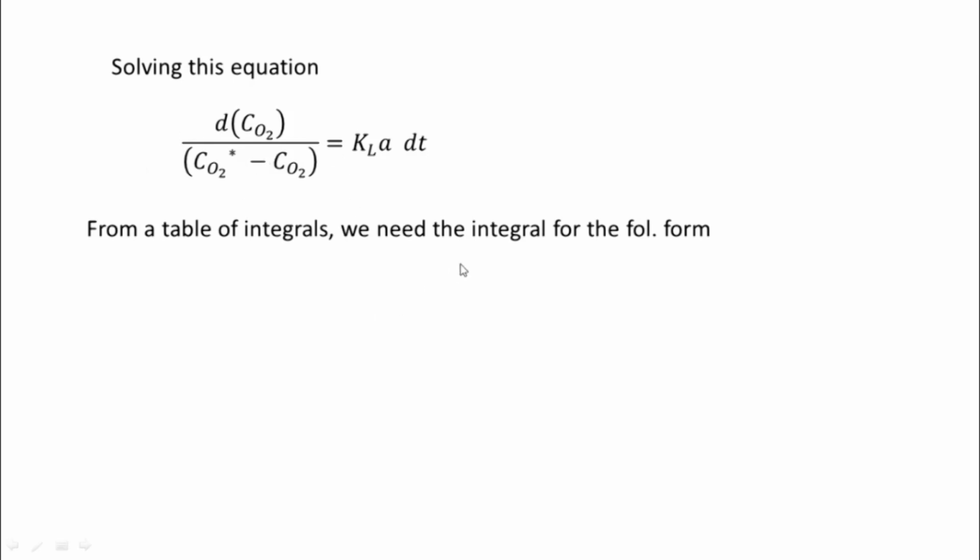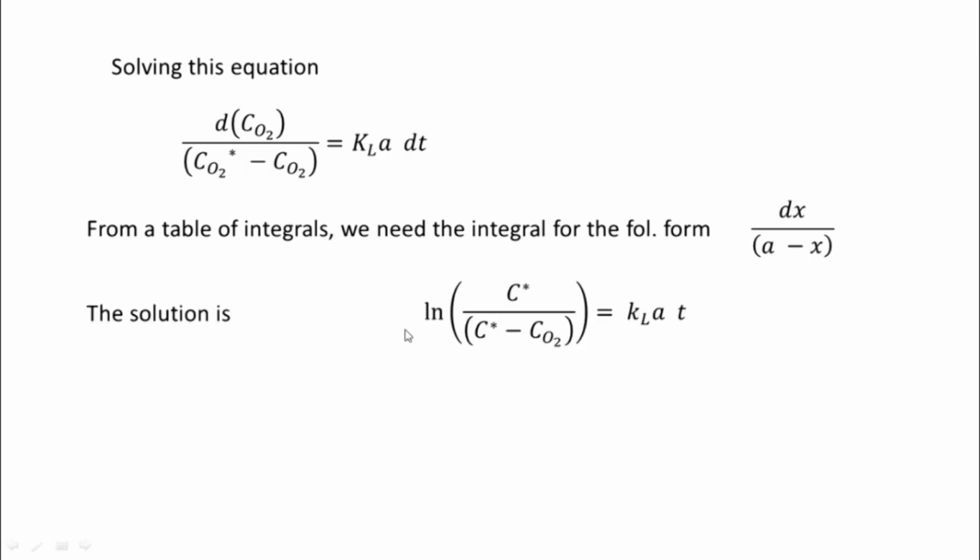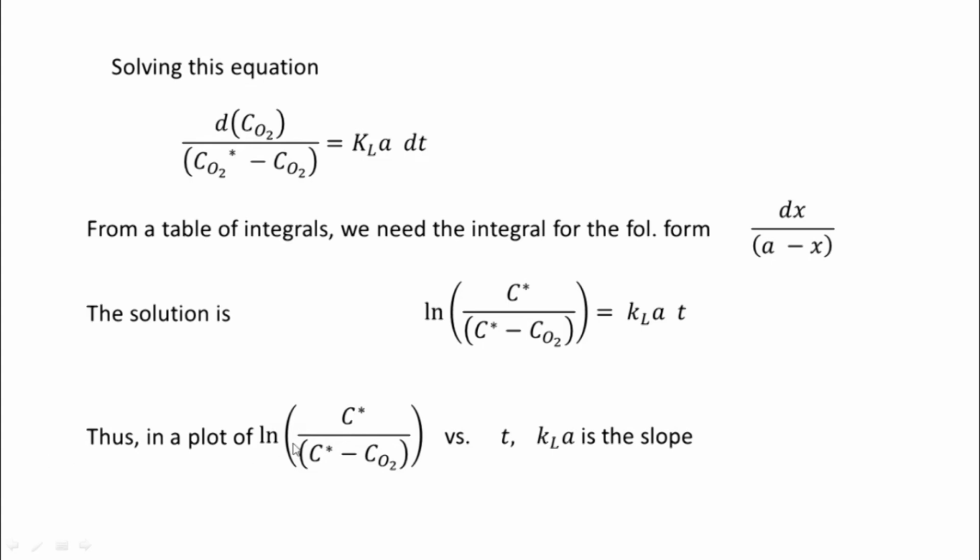This is straightforward. The solution is the natural log of C star by (C star minus CO2) equals KLa times t, where C star is what I call CO2 star. Thus a plot of the logarithm of C star divided by (C star minus CO2) versus time will give us KLa as a slope.